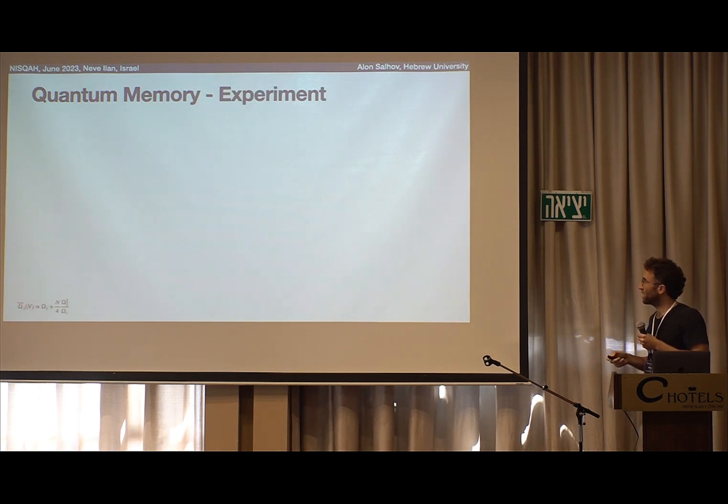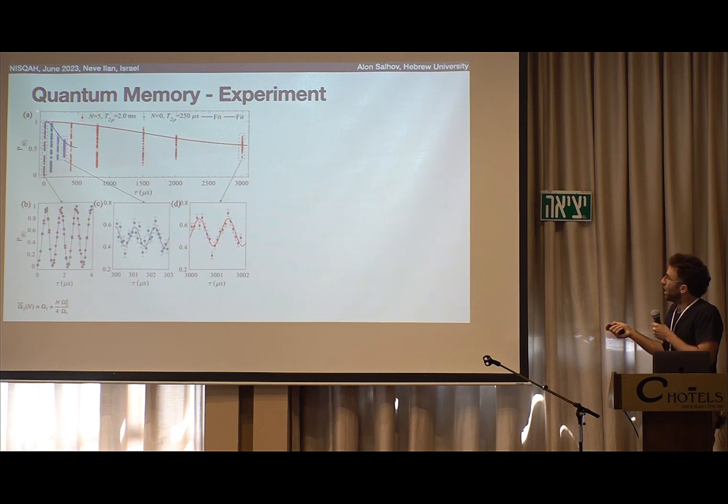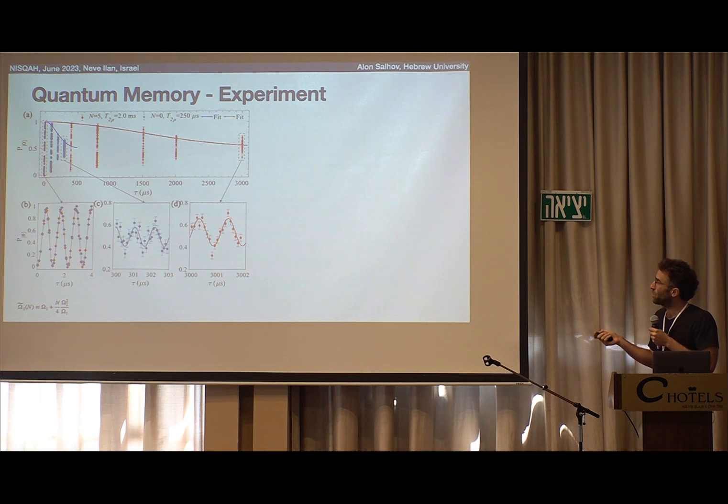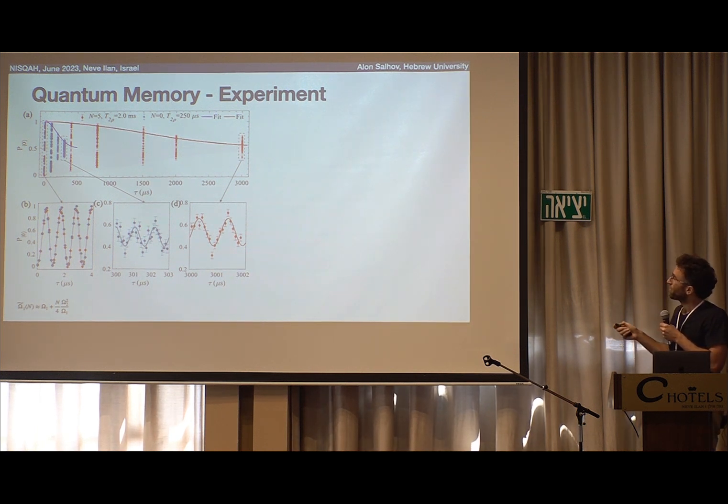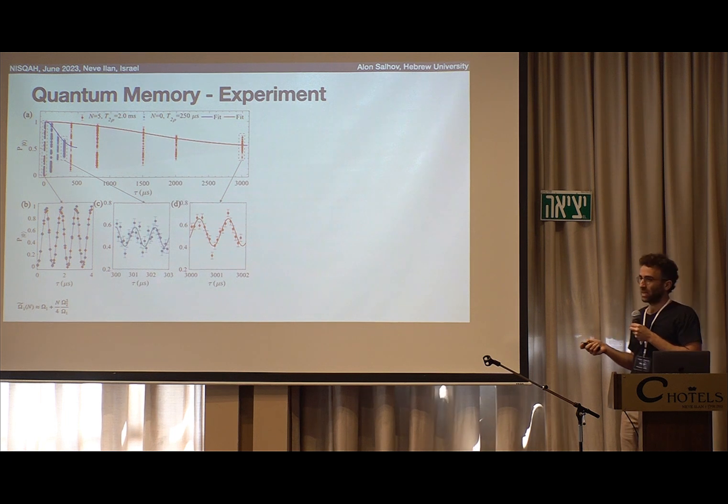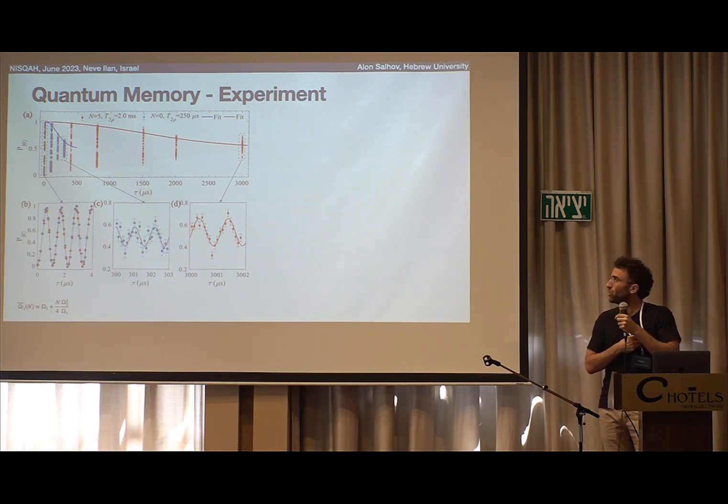Let's do it in an experiment. These are Rabi oscillations of the two schemes. In blue, the standard scheme, and in red, the correlated double drive scheme. And as we see, we move from 250 microseconds to about 2 milliseconds. So again, a factor 8 improvement.